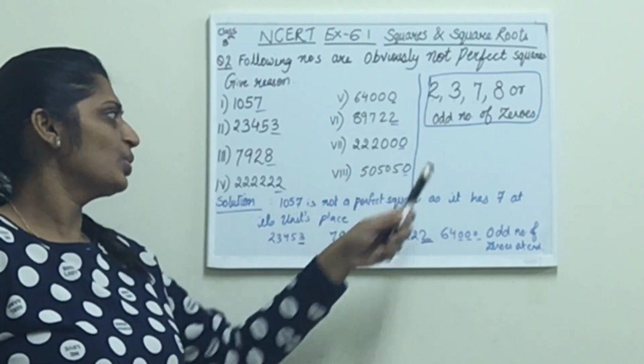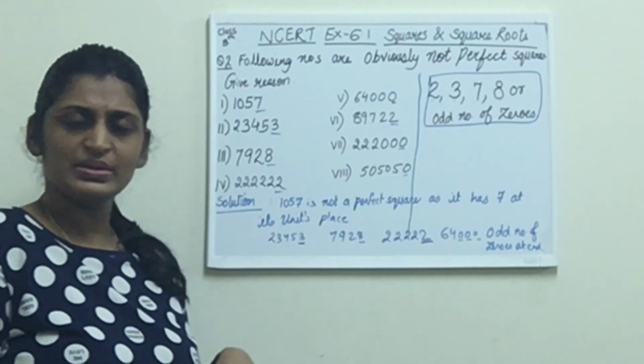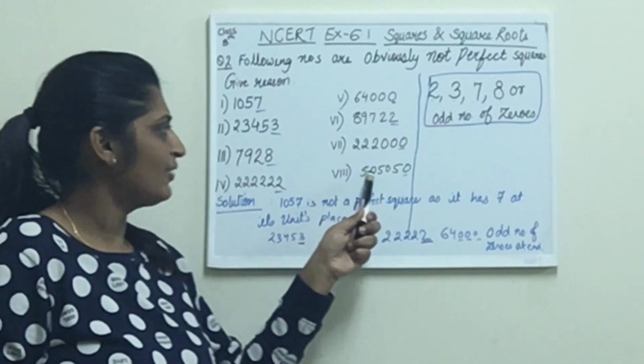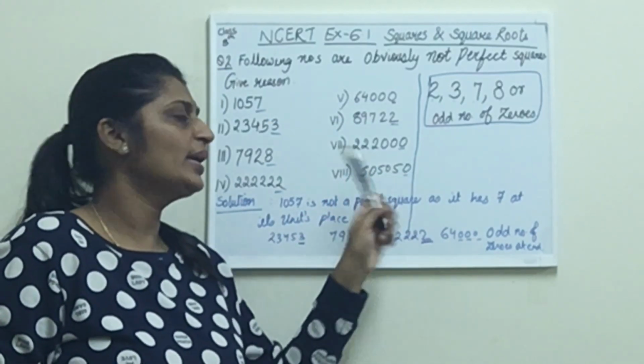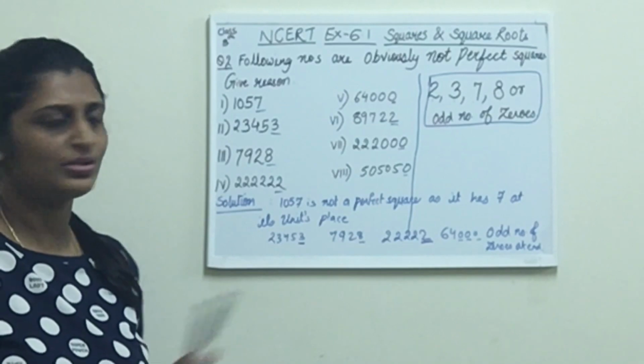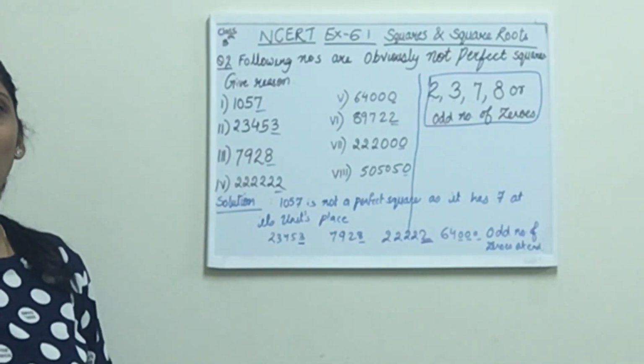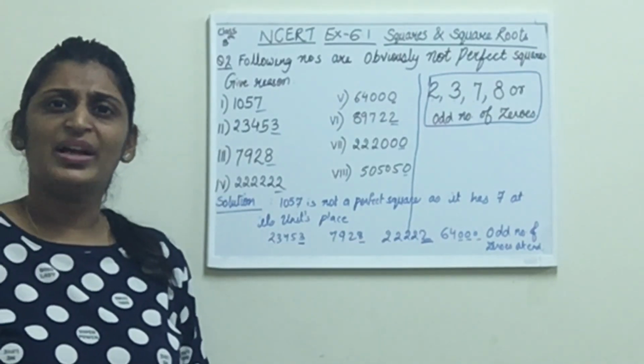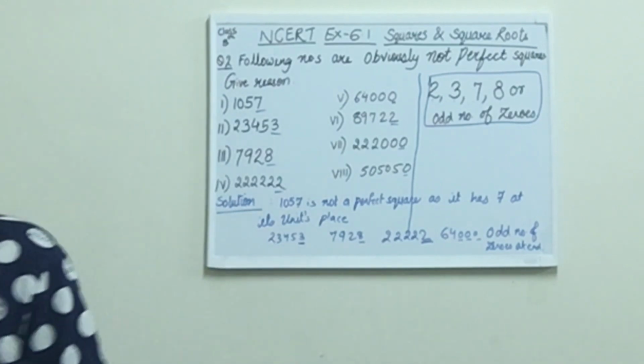For this, again you will say it has odd number of zeros at the end. And for this you will say it has odd number of zeros at the end. So this is the solution to question number 2 of exercise 6.1, squares and square root.